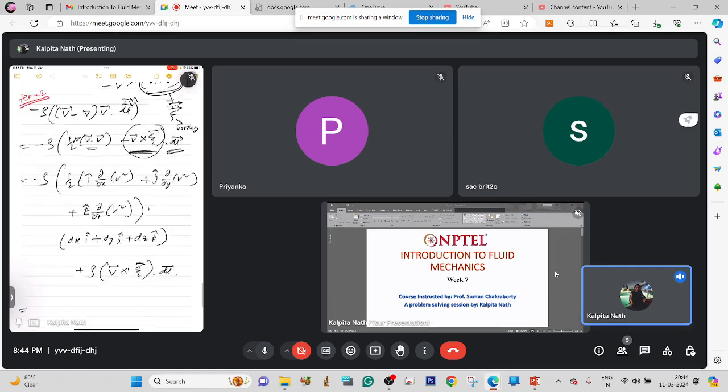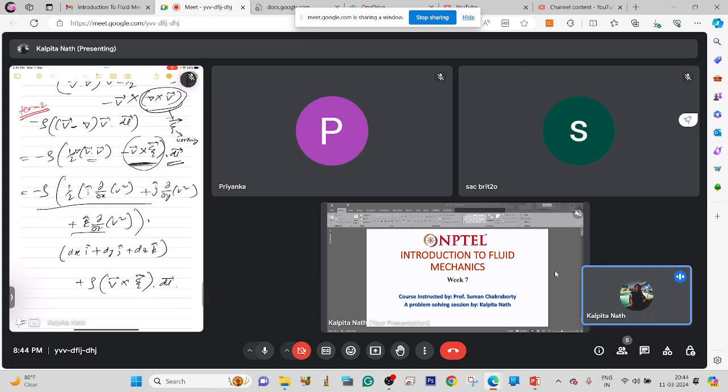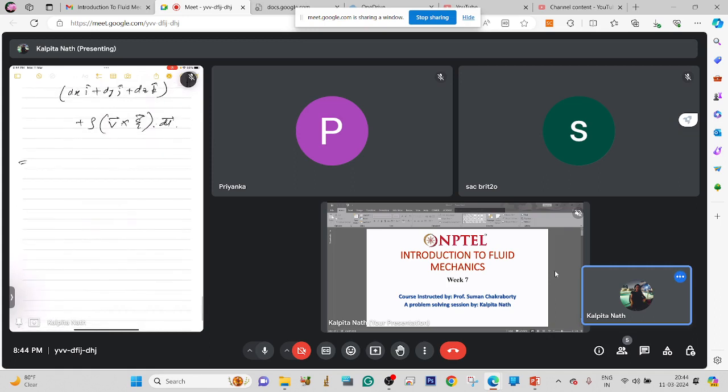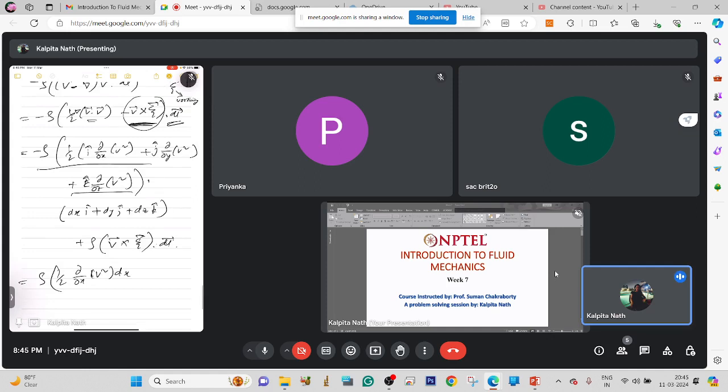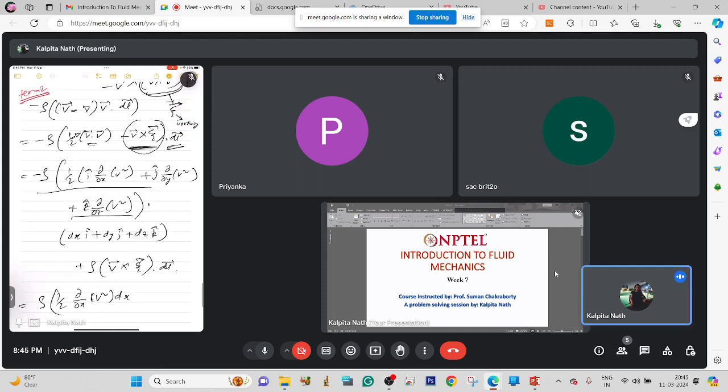So this whole thing again can be written as density into half of del x of v square dx. Like we have just multiplied both of them, there is a dot product in between this part and this part.